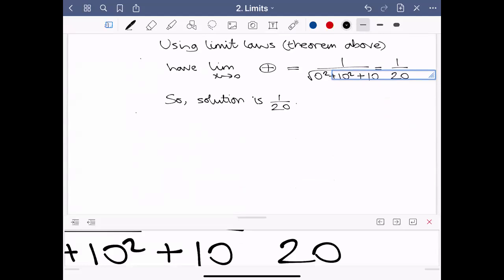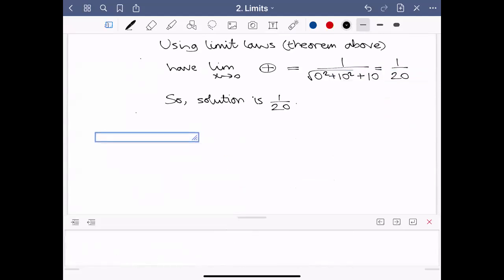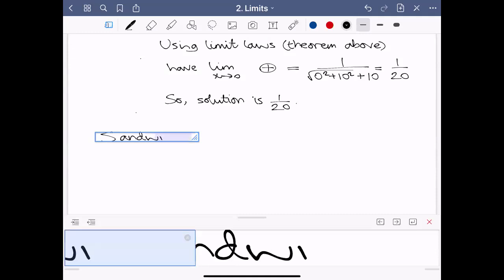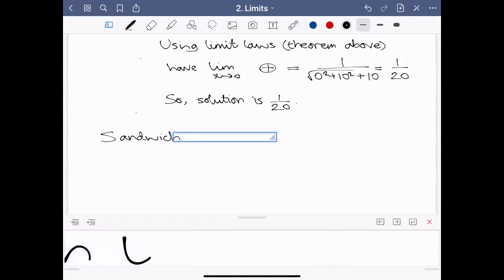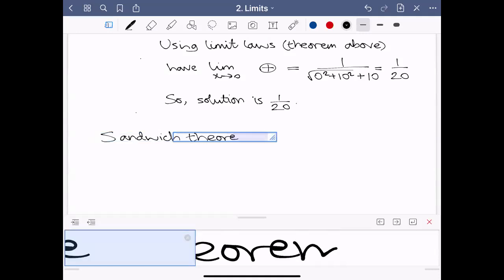Now let's continue with another theorem, which is called the sandwich theorem.